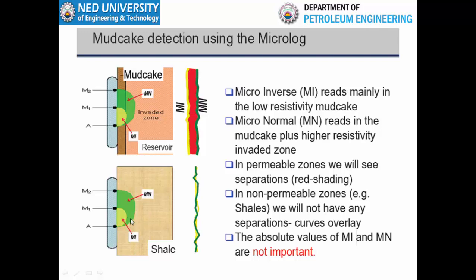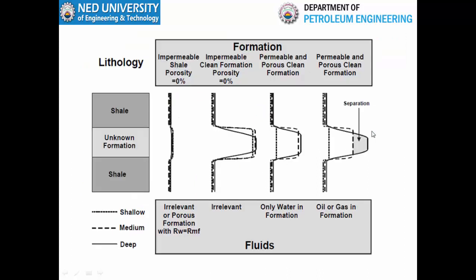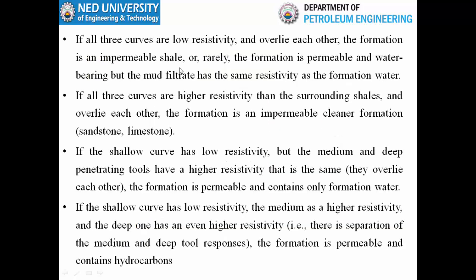If you measure the resistivity of different zones in an impermeable zone, you will have similar resistivity values, and against shale you have a low resistivity value because shale conducts electricity. So if the three curves have low resistivity and overlie each other, the formation is an impermeable shale, or rarely the formation is permeable and water bearing, but the mud filtrate has the same resistivity as the formation water.